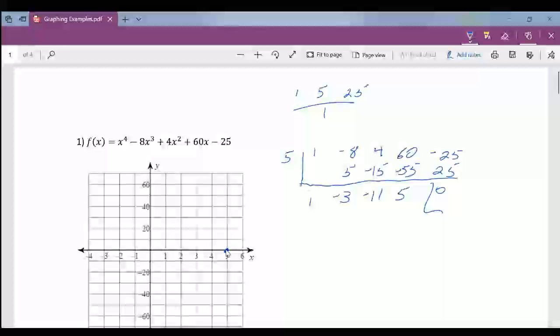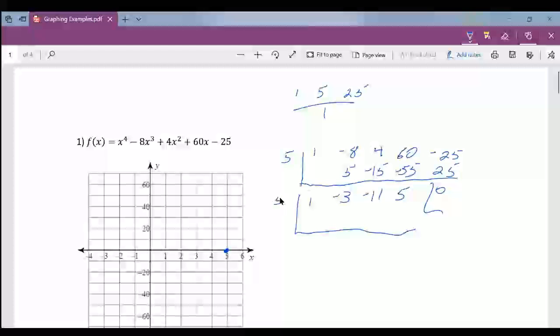Now I'm kind of curious what the other ones are going to be. We still have 3 more that we need to find. So let's see if we can guess our way through those. Well, we already know 1 and -1 aren't going to work.